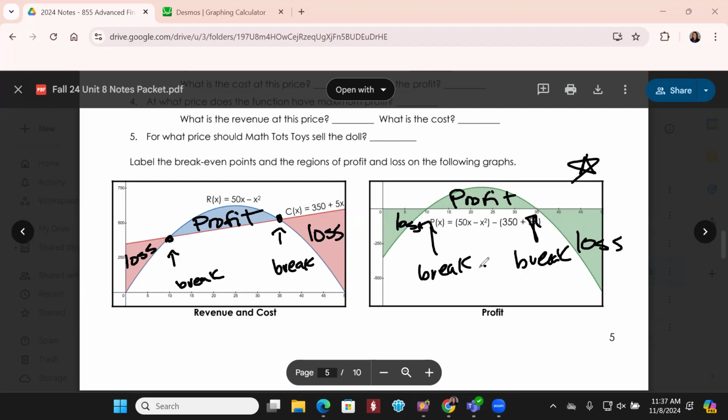All right, flip page. So let's put all of that in word form. On a graph of revenue and cost function, there's a profit where revenue is greater than cost and loss is where cost is greater than revenue. Give me 2 seconds.